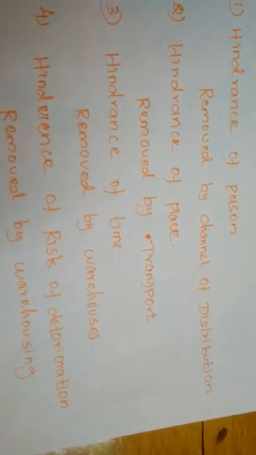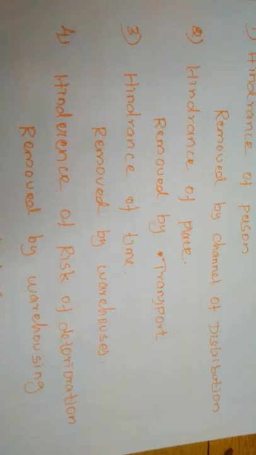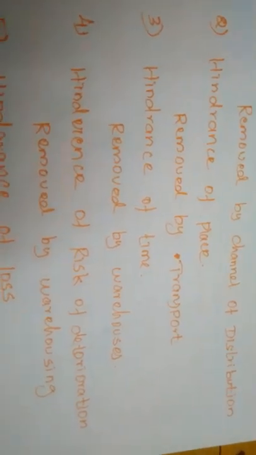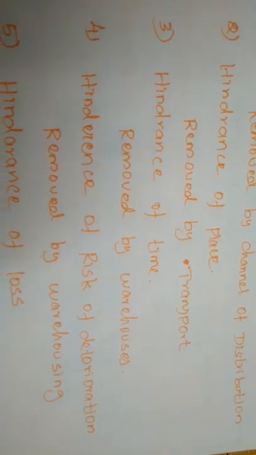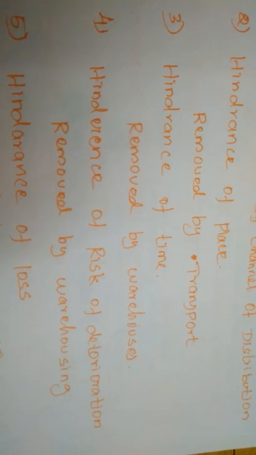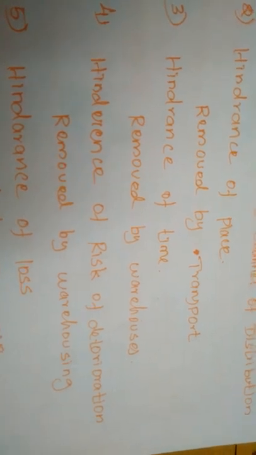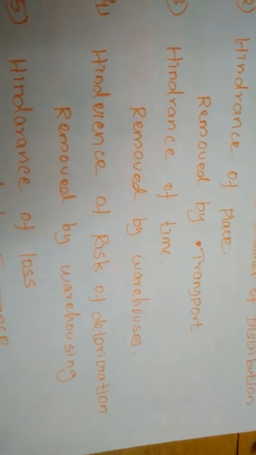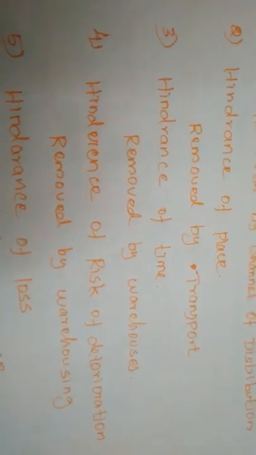The hindrance of time will be removed by the warehouses. The hindrance of time means the time of consumption and the time of production are different, and this hindrance of time will be removed by the warehouses.